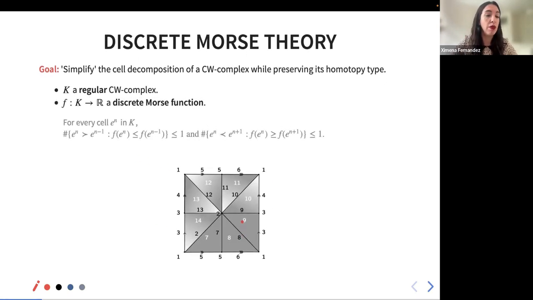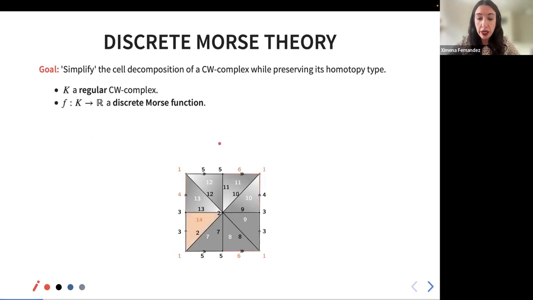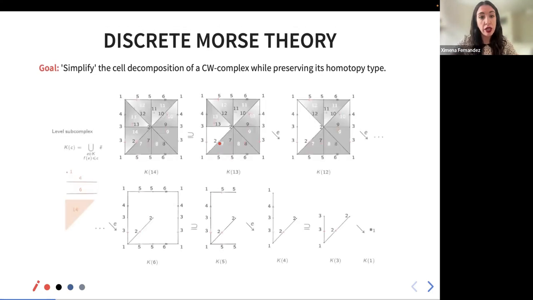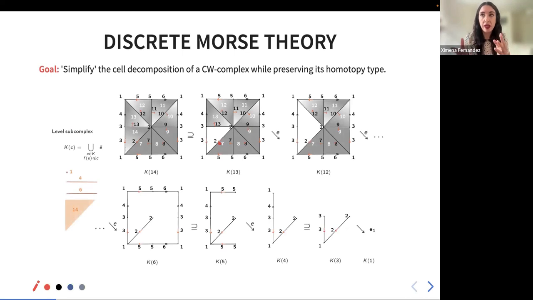You define a Morse function, a labeling of the set of cells that satisfies the condition in gray. According to this Morse function, you can classify your cells into critical cells and non-critical cells. Here the critical cells are in orange, and these two kinds of cells play different roles.